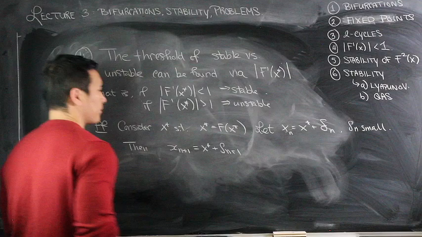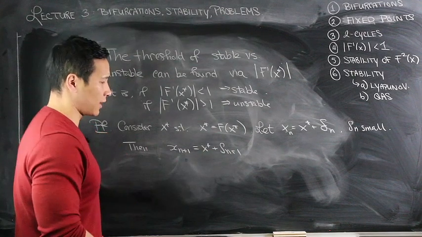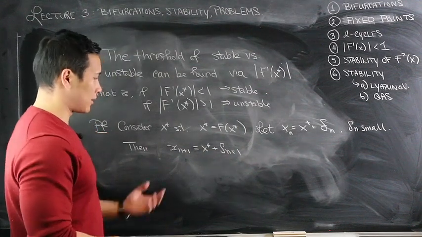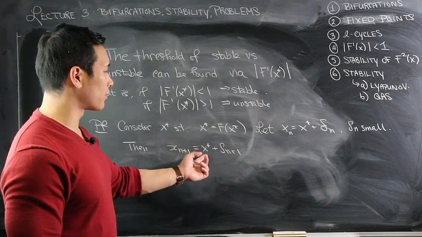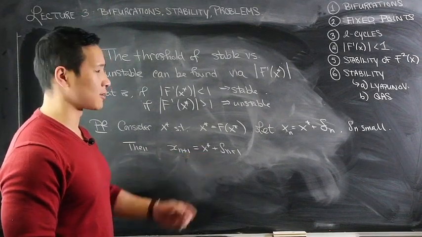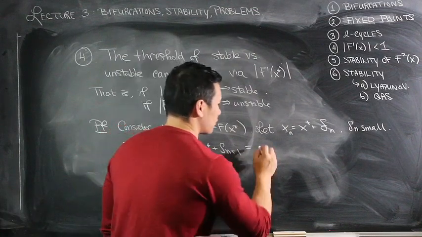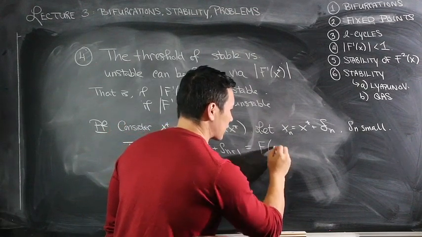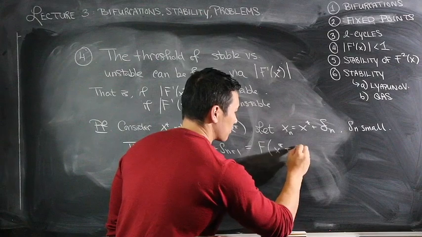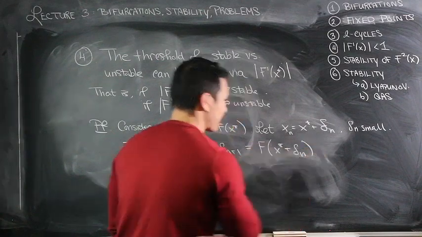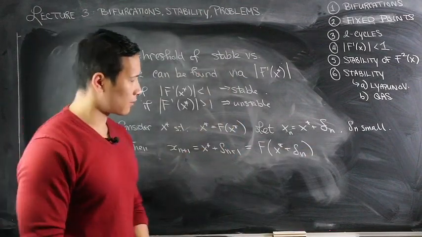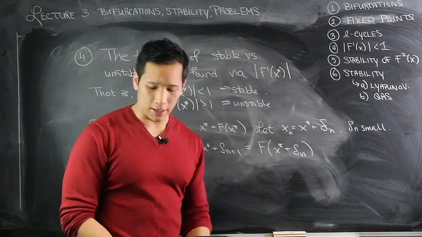This is just notation, right? We're defining this to be the case, that we always write the value at the current point as a perturbation, as a distance away from x star. And then you stuff this into the equation. This is now f of x star plus delta n. But this one here you can expand using a Taylor series.